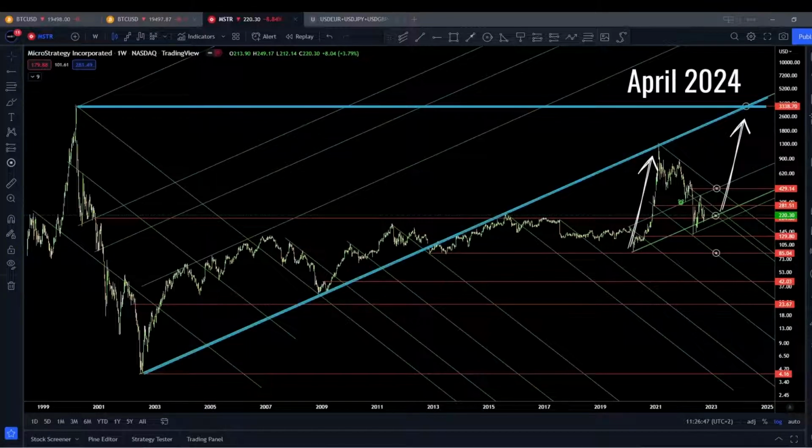Fast forward 2 years and in April 2024, a target confluence starts to emerge at the all-time high $3,350, a 1,350% gain from where it trades as we speak, exactly the same potential that was contained in the rally from March 2020 lows to the February 2021 high.